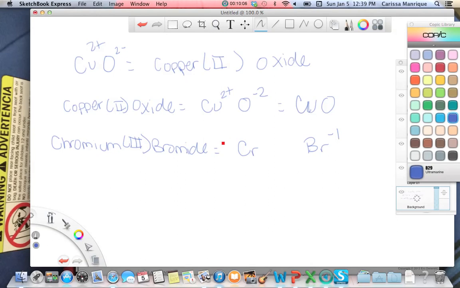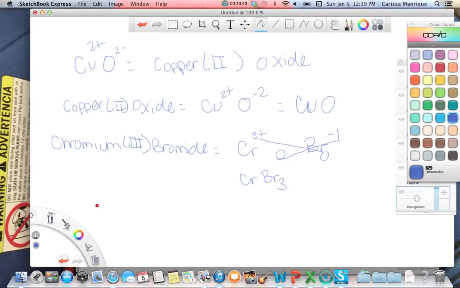In chromium, again, we're going to look at this Roman numeral right here, so it's a 3, so it has a 3 plus. Okay, so chromium has a 3 plus, bromine has a -1. You see they won't neutralize each other right now. So how many bromines do I need? I'll need 3 to neutralize a 3 plus, or again, if you want to cross the charges down. So it'd be chromium, and then it's going to take 3 bromines. Okay, so CrBr3.